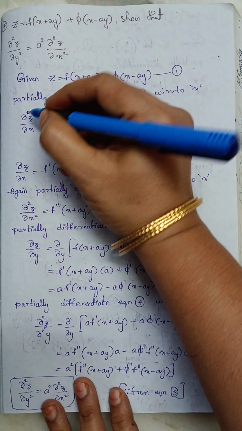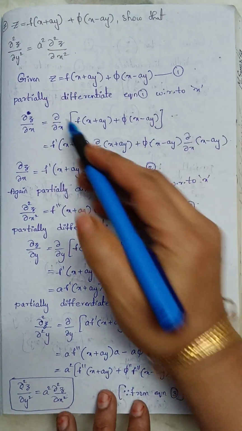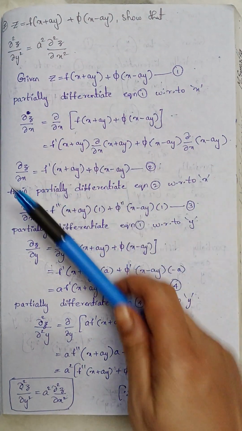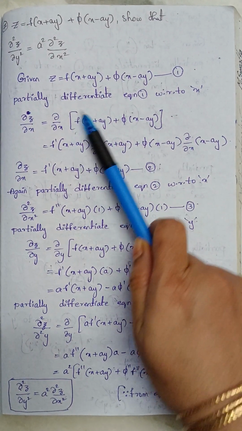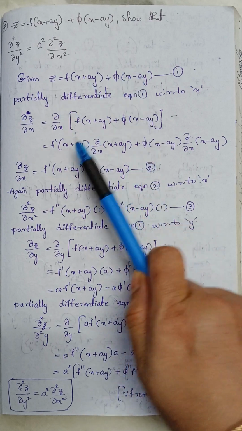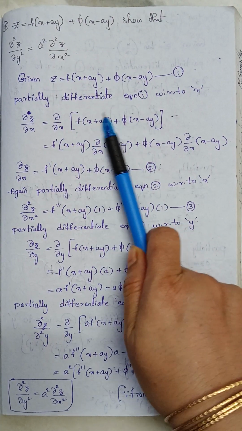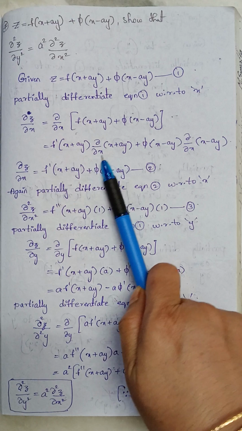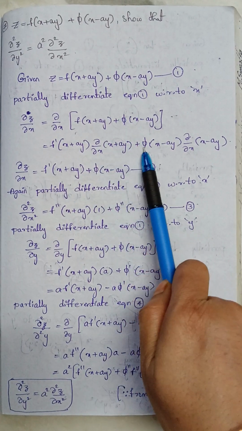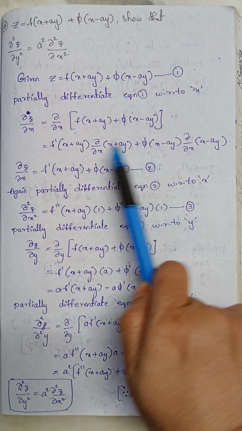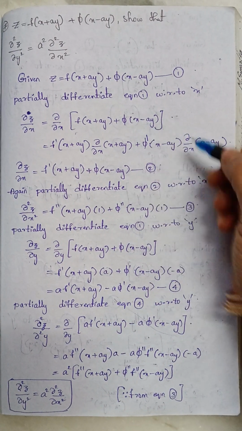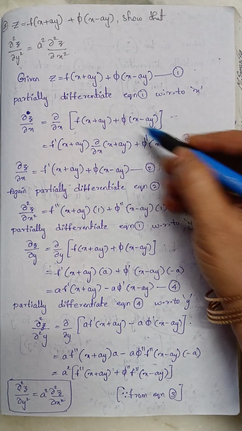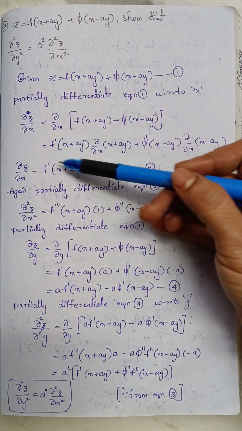So dou z by dou x, in the sense dou by dou x of the same function. So here with respect to x means it is a function, so f derivative is f dash of x plus ay. Again instead of x, here x plus ay is there, again differentiate with respect to x this function. Similarly here it is pi derivative is pi dash of x minus ay, again dou by dou x of this function. See, take it as it is.